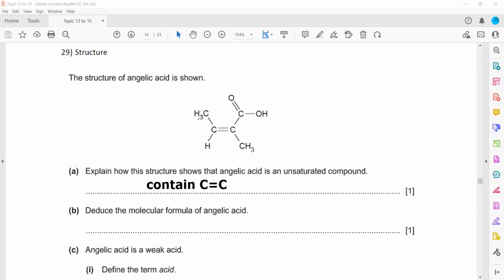Molecular formula means the actual number of atoms. So we'll count: 1, 2, 3, 4, and 5 carbons, so C5. Hydrogen: 3, 4, 7, and 8, so 8. And oxygen, only one is there. Sorry, 2 are there, one here and this one is the second. So C5H8O2.